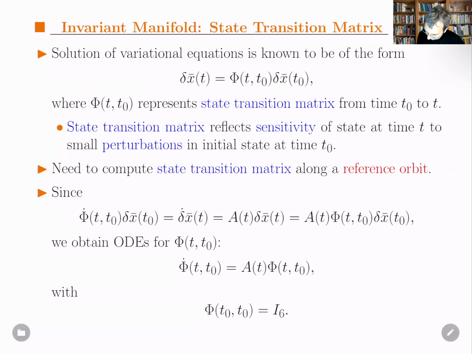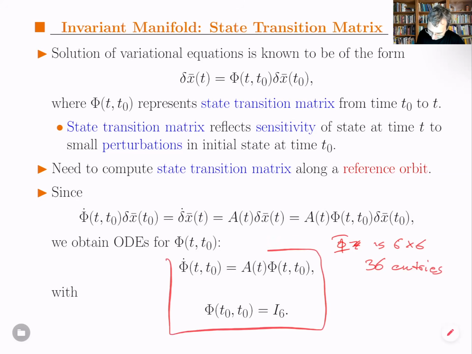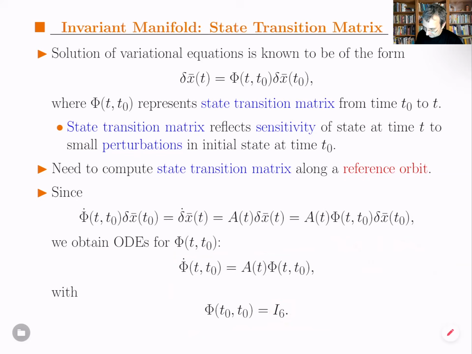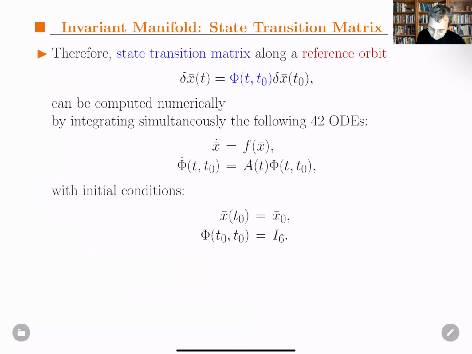Phi is 6x6, so that means it's got 36 entries. So the ODE that you solve is this, where the initial condition is the 6x6 identity. You do this at the same time, typically, as you're following the actual trajectory.